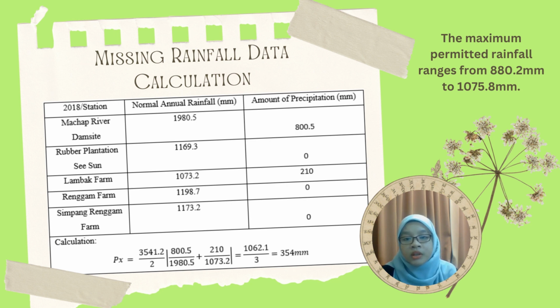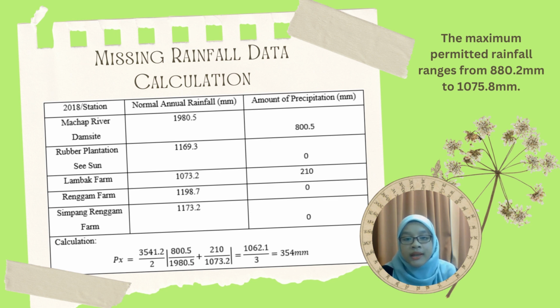Because the rainfall data for stations Rubber Plantation Sisan, Lambat Farm, Renggam Farm and Simpan Renggam Farm is missing in 2018 and 2019, the estimate value for the missing data is 354 mm and 1560 mm. Meanwhile, the other years show that there is no missing rainfall data.